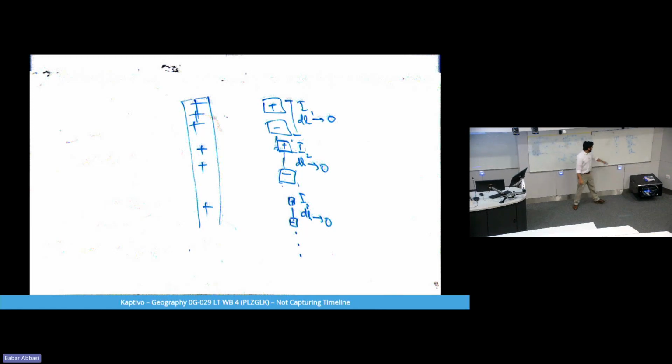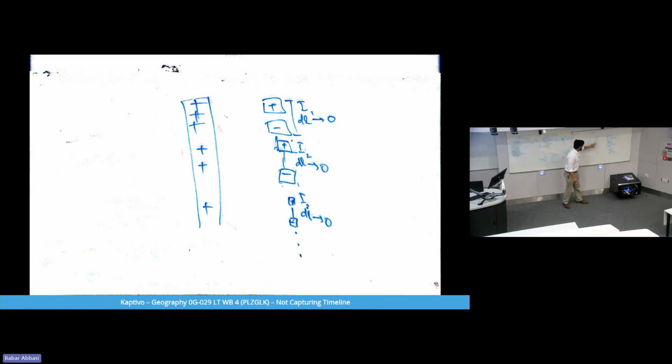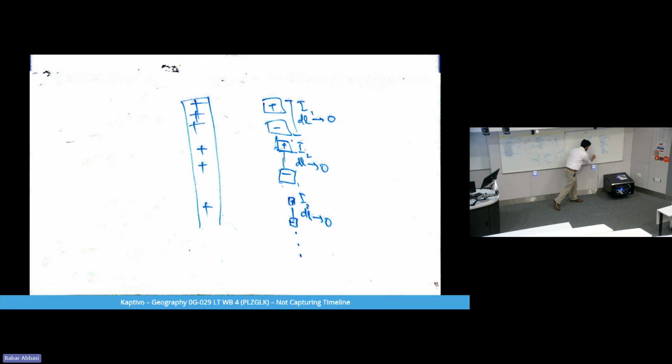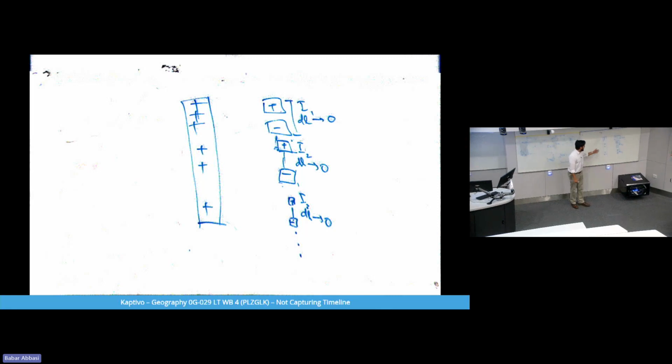So using simple dipoles, I can produce a simple strip, and this thing is practically possible. We have these things lying around everywhere around us: a simple metal strip that has different charge density along its surface. And if this charge density is changing with respect to time, then this is an antenna.